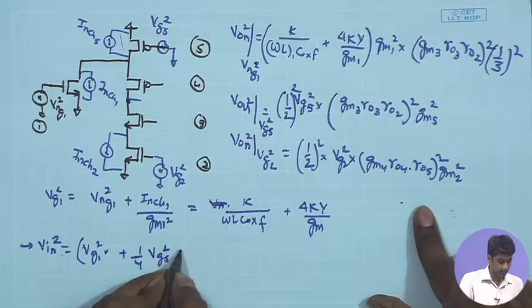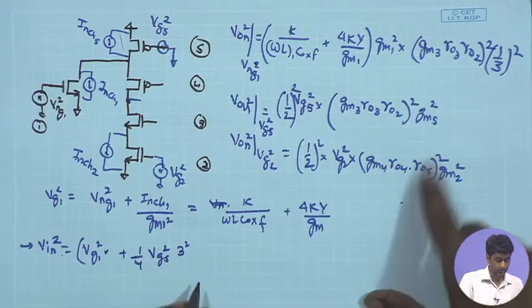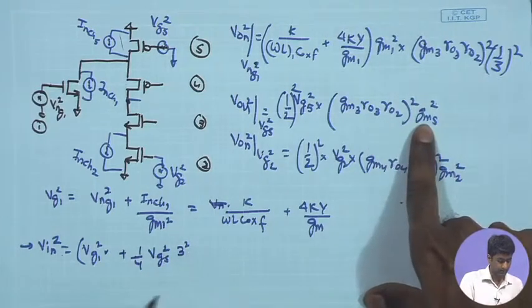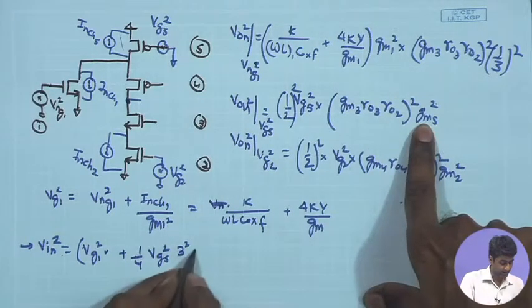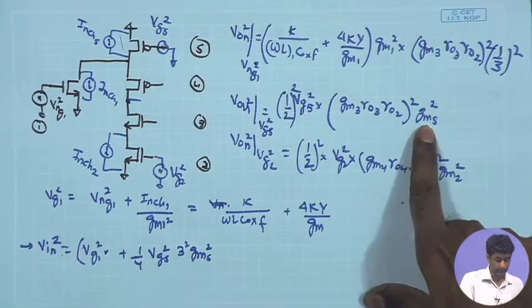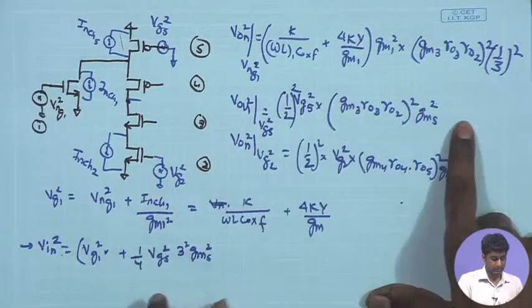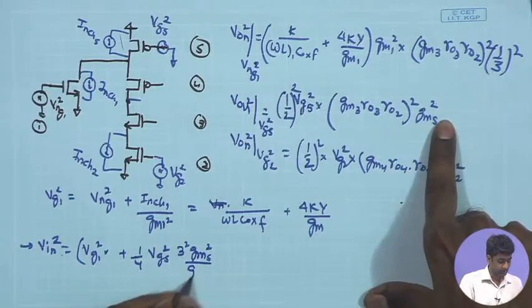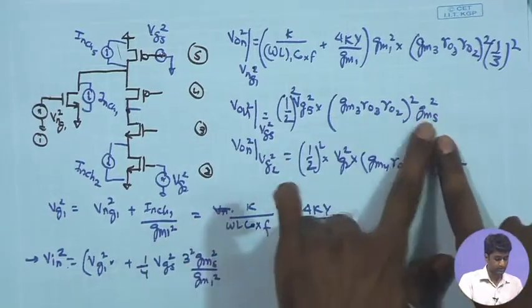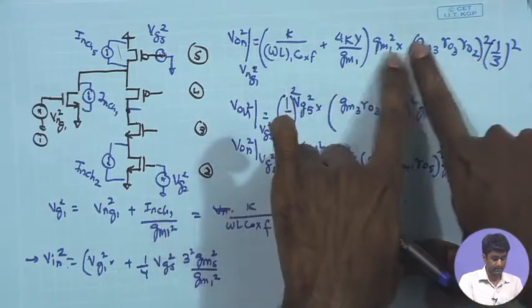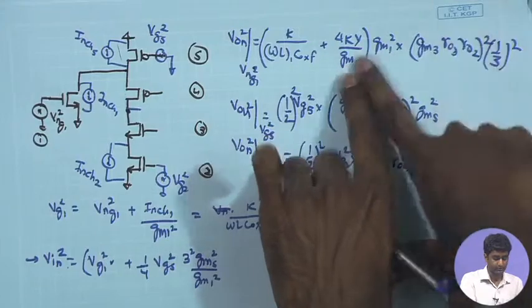So, you will have the 3 square coming in over here, and you have the GM5 square term coming in, and that divides by GM1 square. So, I have just divided this second expression by the gain GM1 square times this number.